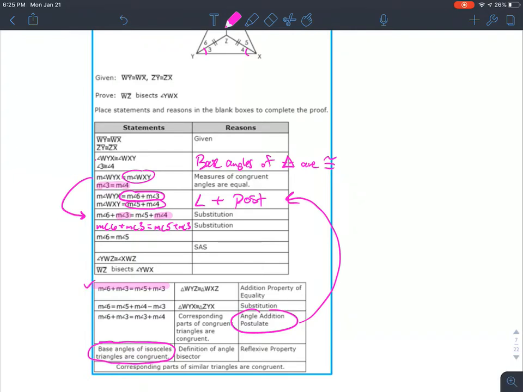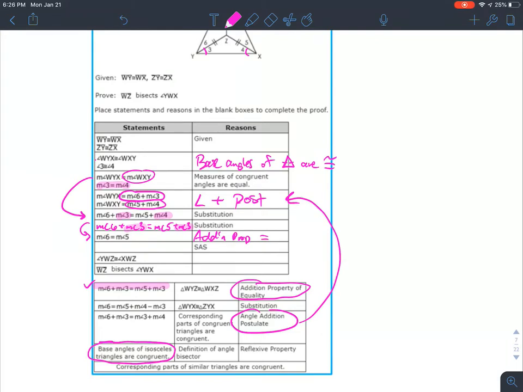Substitution. Then, to get from this line to this line, we got rid of measure of angle 3's. Well, that's the subtraction property of equality, which I don't see on here, but the addition property of equality is the same thing, so that's what that is. We are just chugging along. Wow, we're doing a great job.